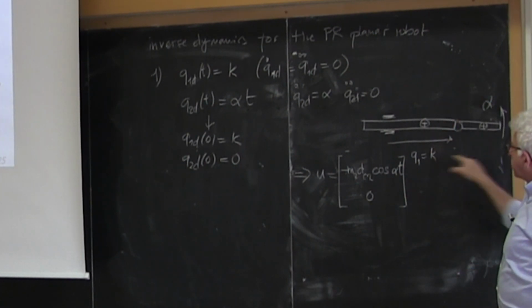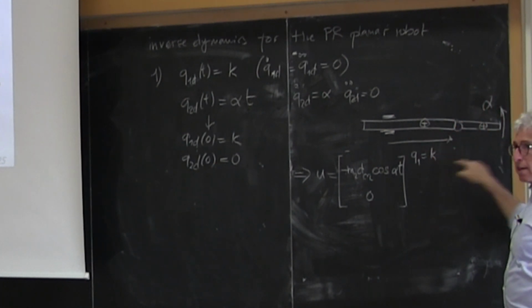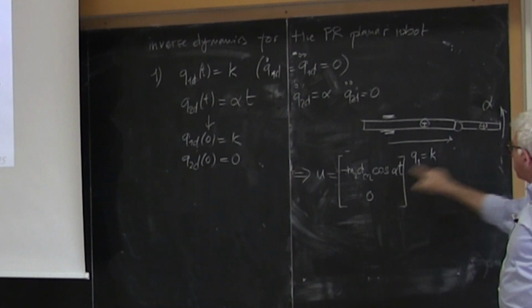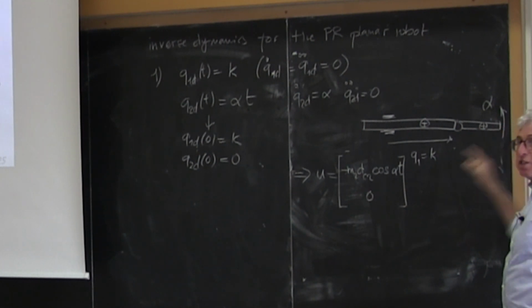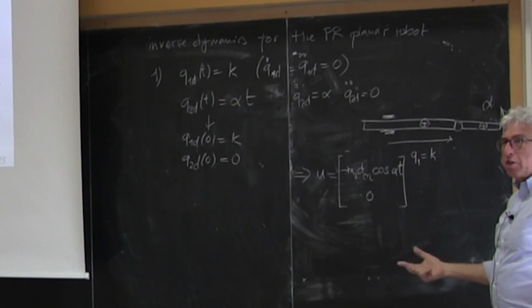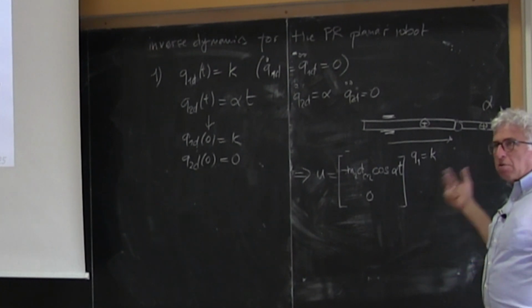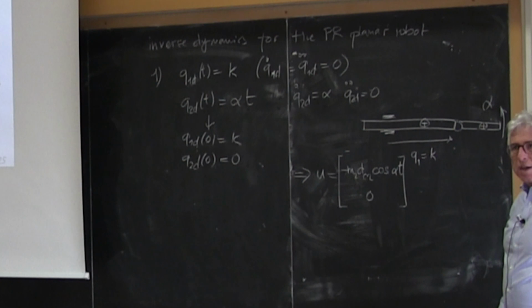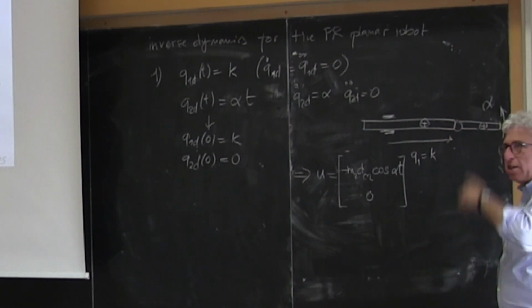In order to let this link rotate at constant speed, we don't need to apply any torque. Because initially it has a speed, there's no dissipation, so there's no friction. So it's like a mass moving at uniform constant speed in a frictionless environment. This is the rotational part.